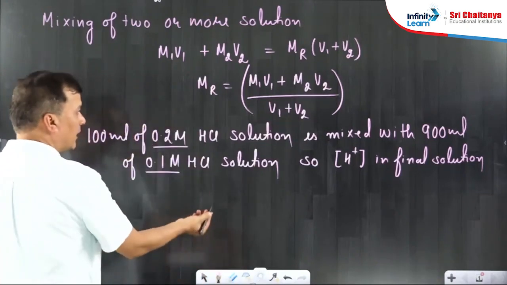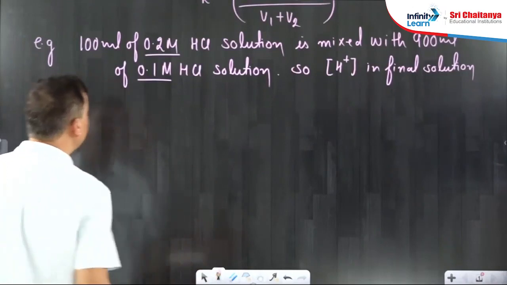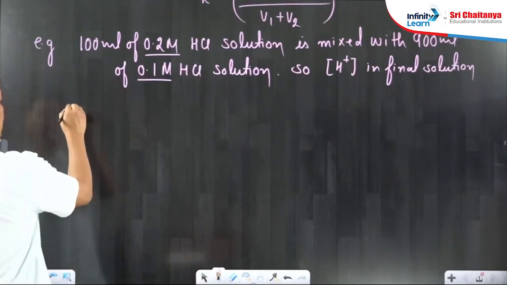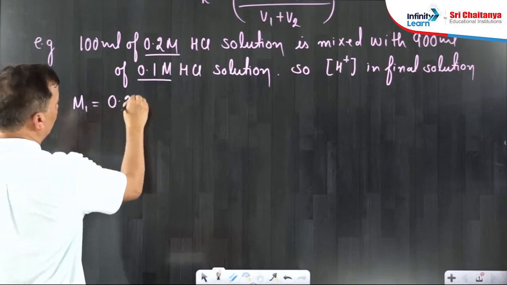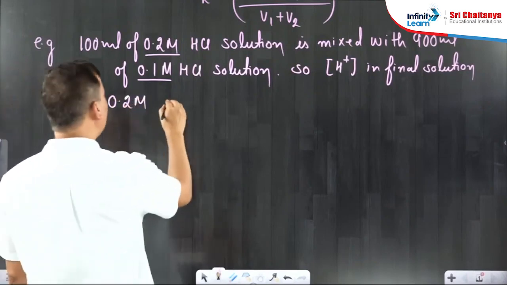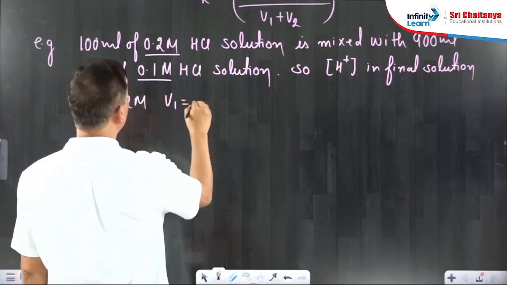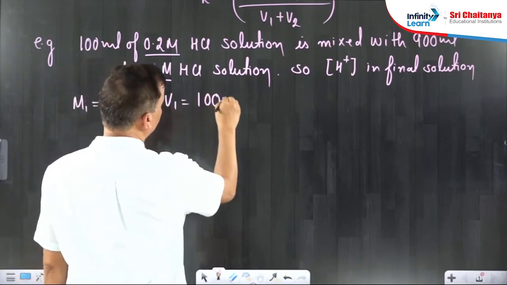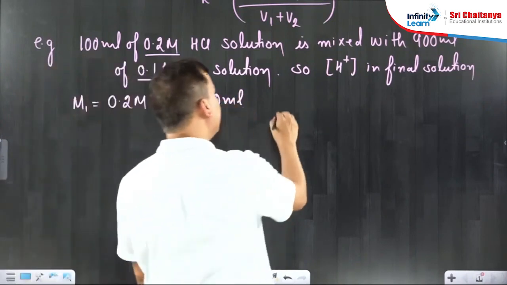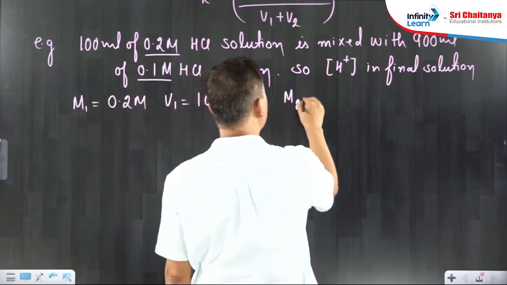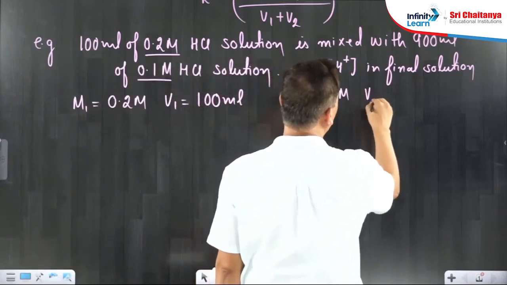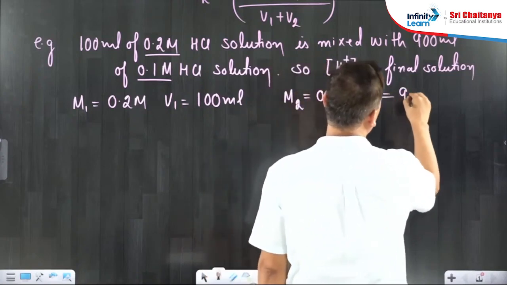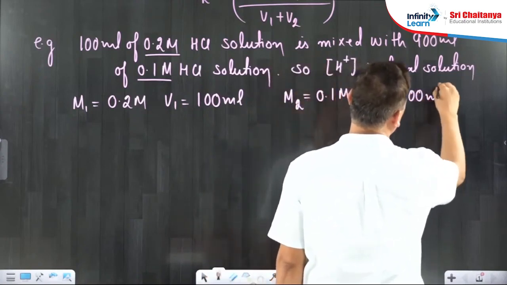So I am writing whatever data is given. M1 is equal to 0.2 molar, and V1 is equal to 100 ml. Here M2, the second solution, is equal to 0.1 molar, and V2 is equal to 900 ml.